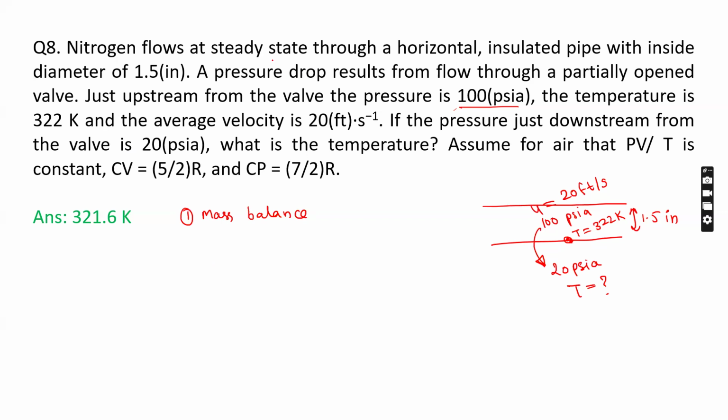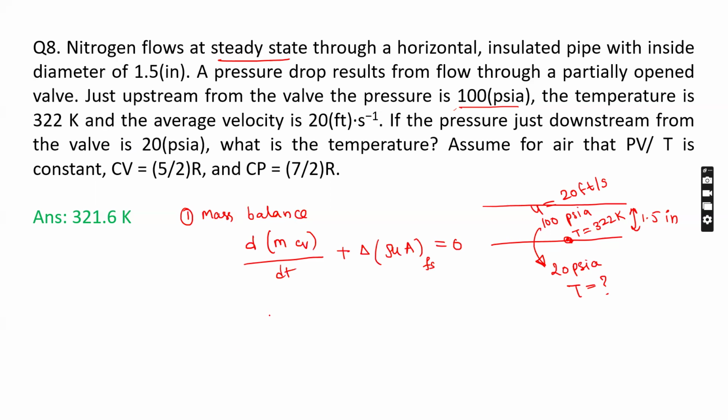So the mass balance gives us dm of the control volume by dt, plus delta rho u A over the flow stream, is equal to 0.